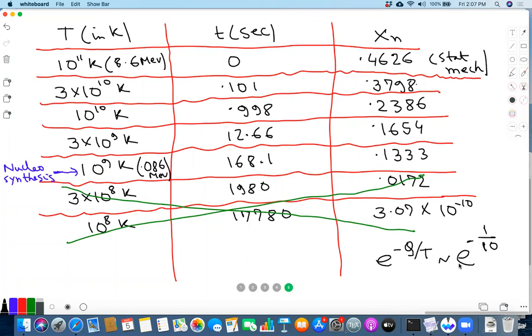The neutron to proton ratio, Xn over 1 minus Xn, in this case is given by the equilibrium result, but it's close to 1, still a little less than 1, and that's what accounts for this. If this had been 1, then Xn would have been 0.5.